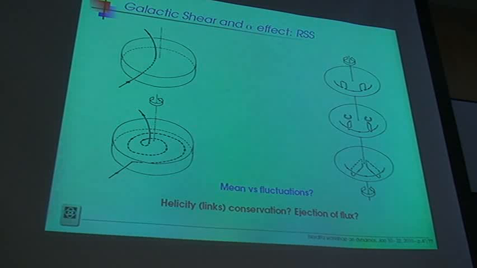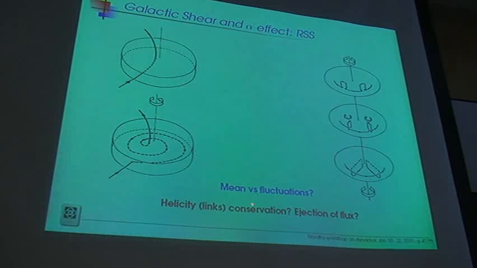And some people have thought that losing this bit of flux, to get the net flux in the disk, could also be a problem. I already talked about one issue, which is mean versus fluctuations, and I already said as much as I know. And I don't know too much more. So I won't say anything more.